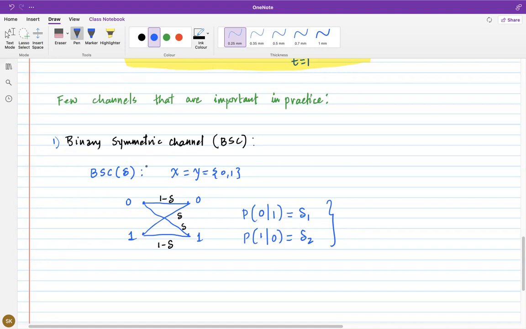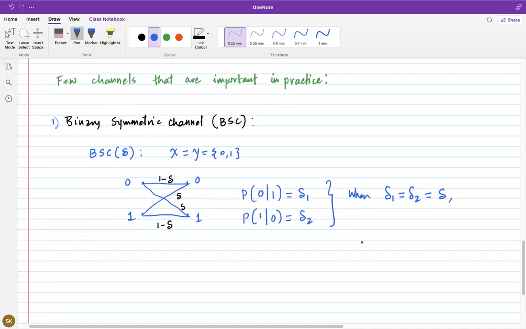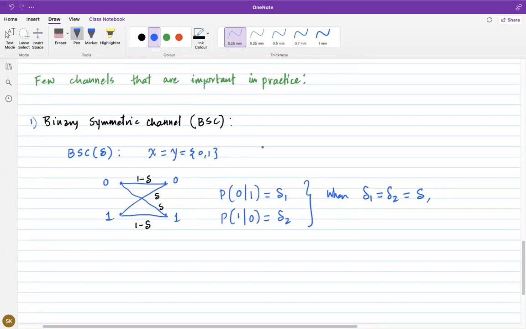But for the condition when delta 1 equals delta 2, and in fact is equal to some small delta, we say that this channel is a symmetric channel, which is the case here. For this case, we have just one parameter.